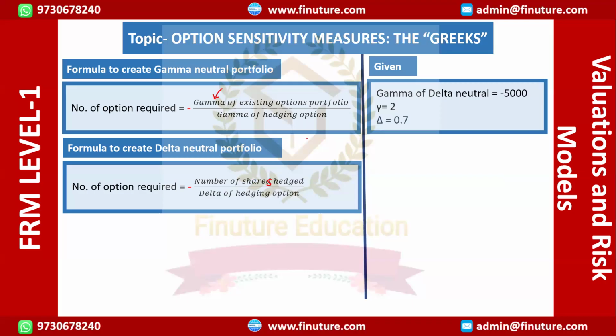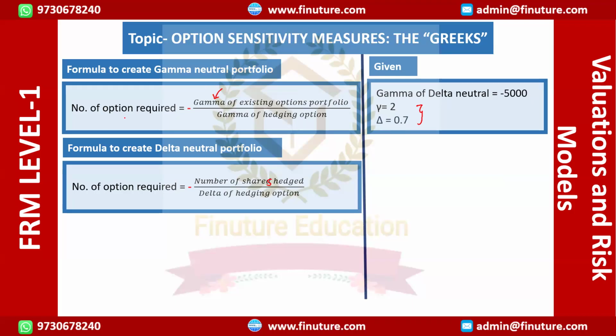So coming back, these are the two formulas that we will be using. The gamma of our existing portfolio, which is delta neutral, is minus 5,000, and we have some other option that we can use to create a gamma neutral and delta neutral position. So let's apply these formulas.